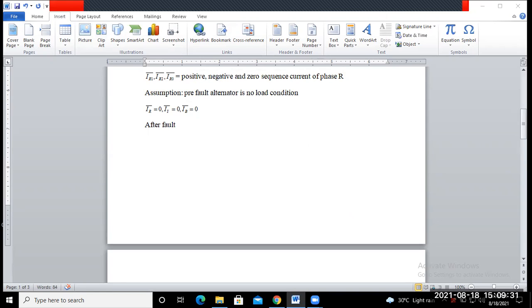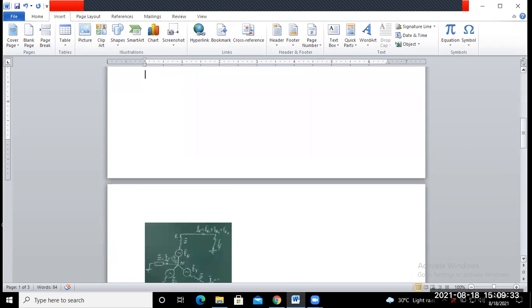The fault takes place in phase R, which means the voltage VR will become 0.